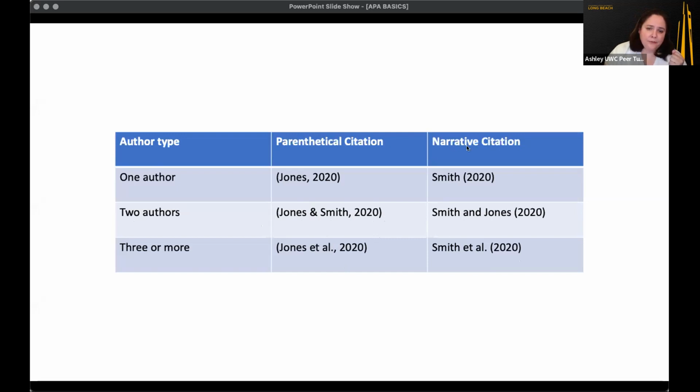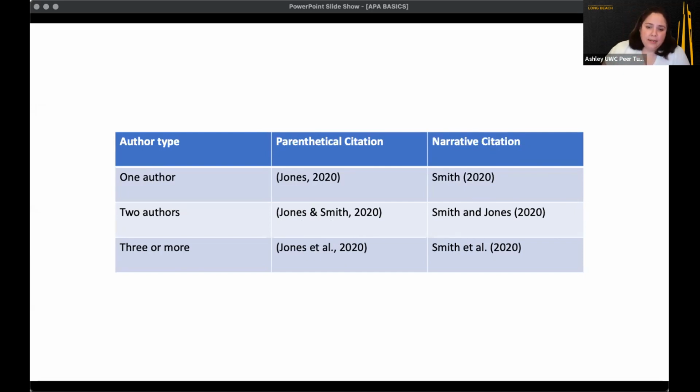It goes as well for narrative citation, like "according to Smith and Jones," and then the year goes in parentheses. However, if there are three or more authors, all you need is the first author's last name and et al. in the parenthetical citation.